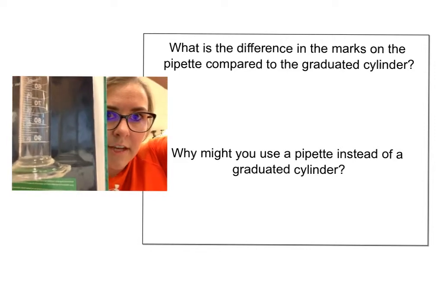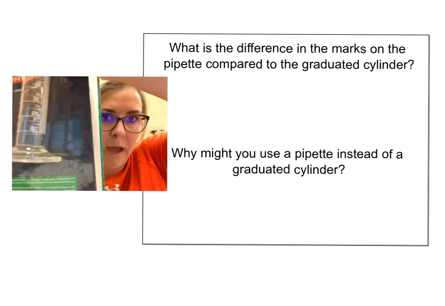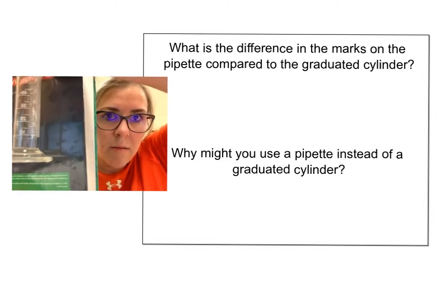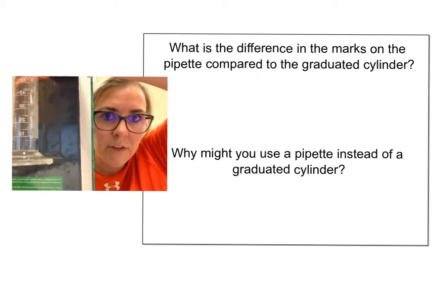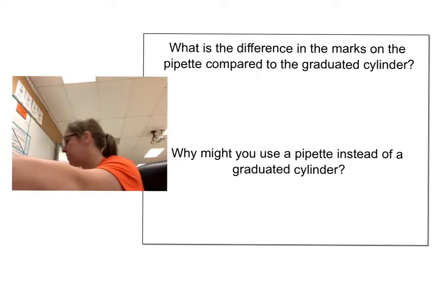So that says 70, 80, 90, or we'll actually use this side where it counts because we fill from the bottom up. Okay, so you can see 10, 20, and the markings, those tick marks for 11, 12, 13, 14, 15, 16, 17, 18, 19. Okay, sorry if it's flipped on my camera.